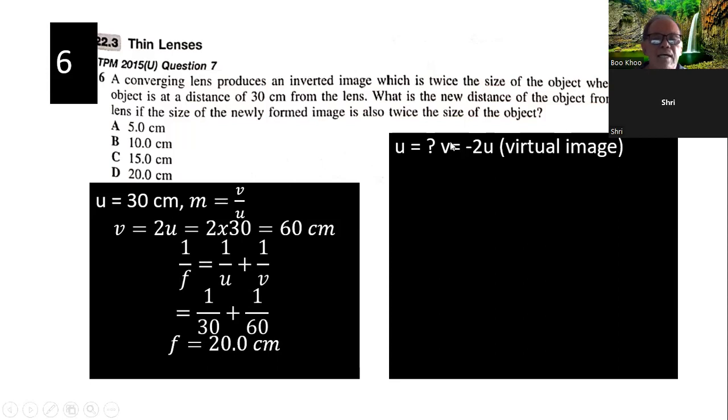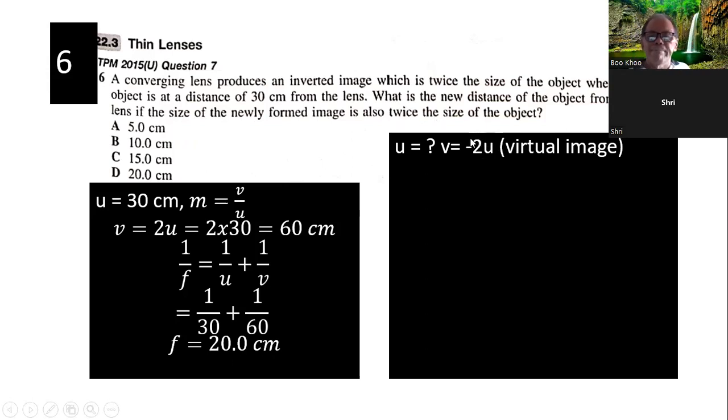Right, yeah, told that the new distance of the object from the lens if the size of the newly formed image is about twice the size of the object.